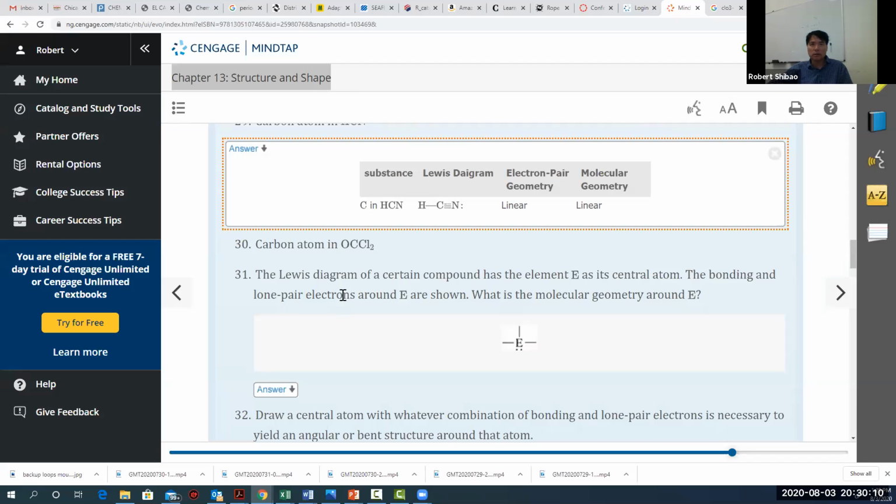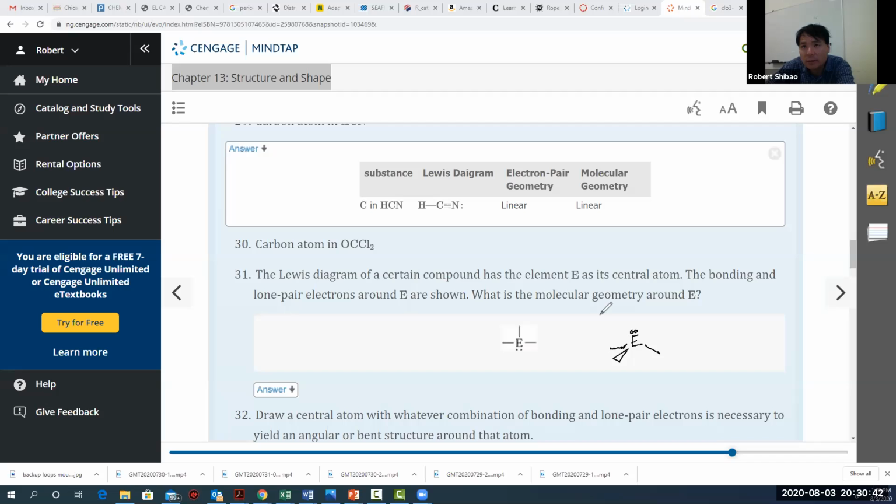Draw the Lewis diagram of a certain compound that has the element E as its central atom. The bonding and lone pair electrons on E are shown. What is the molecular geometry around E? After a while, you'll see these. I would have drawn it like this: the lone pair in the plane, one of the bonds in the plane, the other bond sticking out and one sticking in.